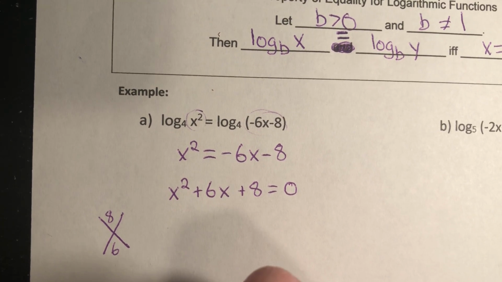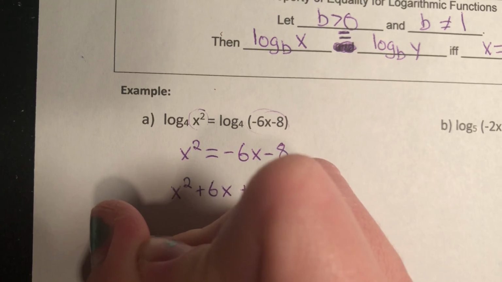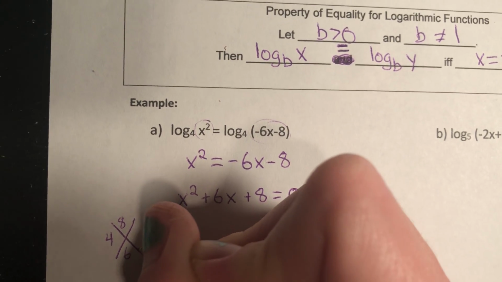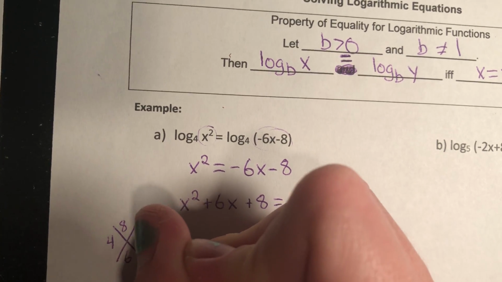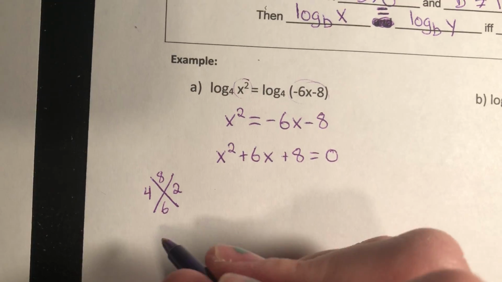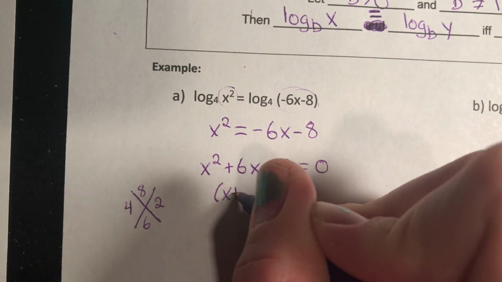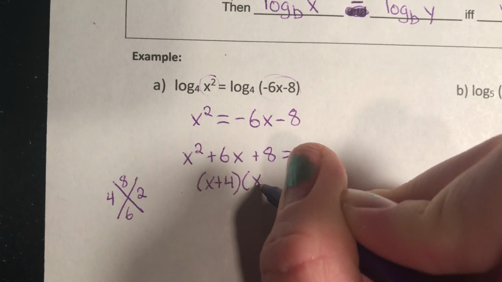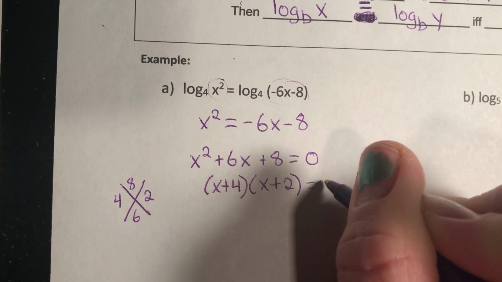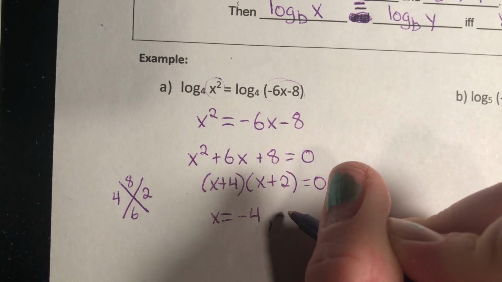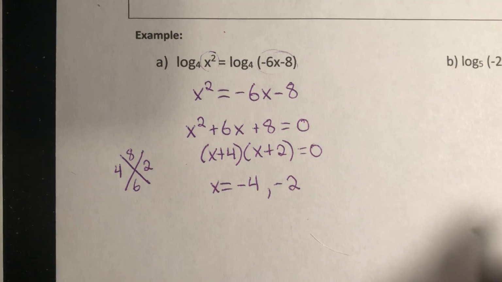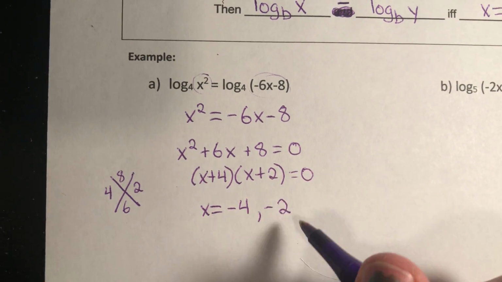Those two numbers are going to be 4 and 2, my bad. So we have x plus 4 and x plus 2 equal to 0. And that means x's are going to equal -4 and -2. Last thing you need to do is check these answers.